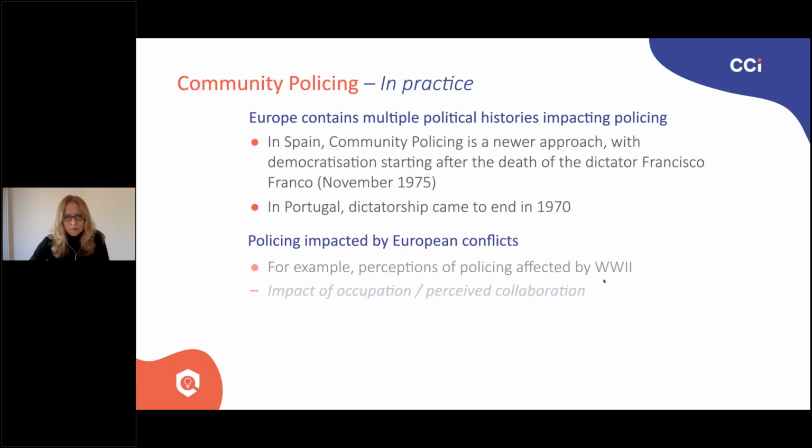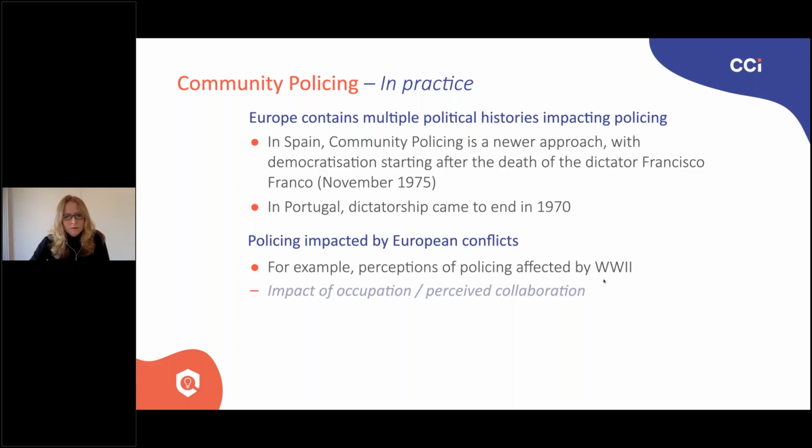So, of course, in practice, Europe contains multiple political histories that all have impacted on the development of policing. We have some countries, for example, Spain, where there was democratization only after the death of the dictator in 1975. In Portugal, similarly, dictatorship came to an end in 1970.